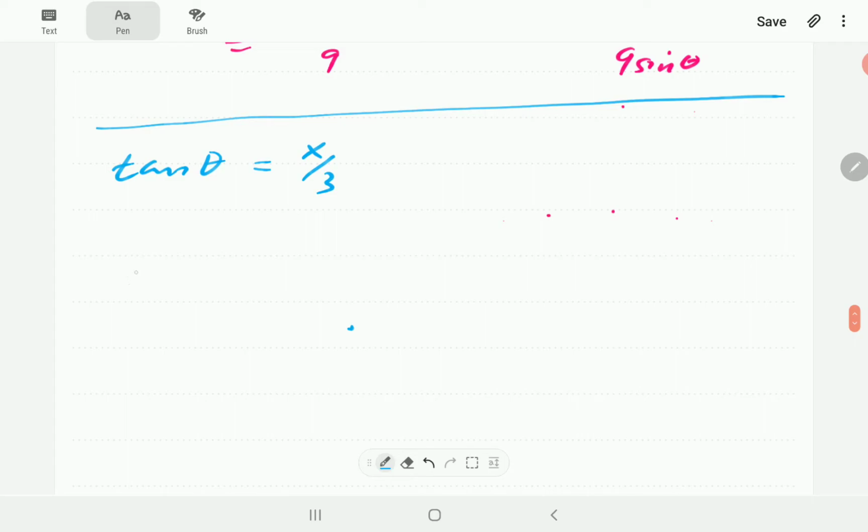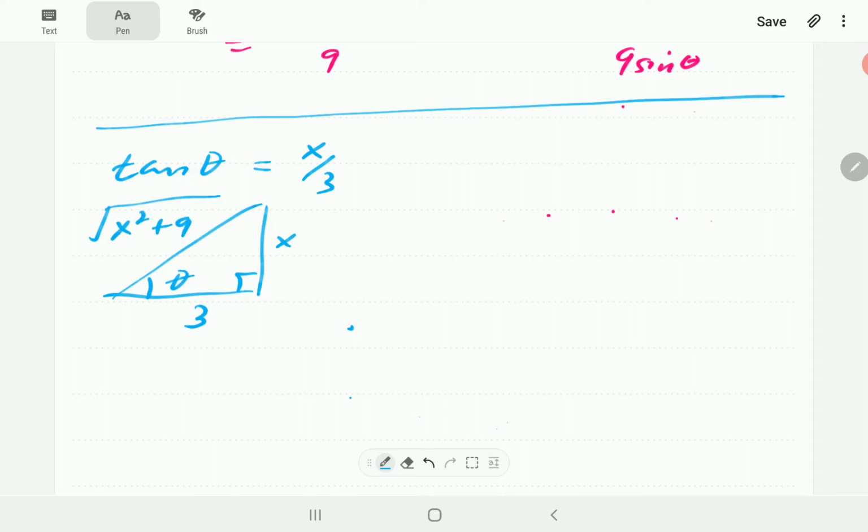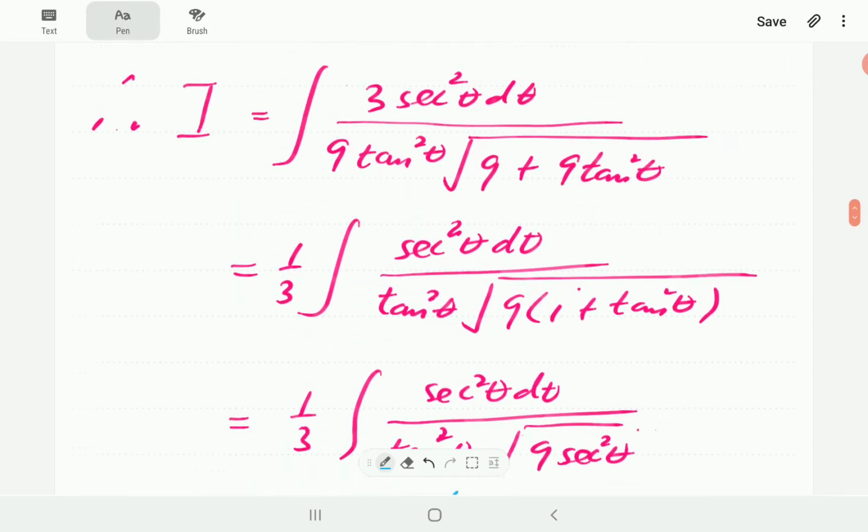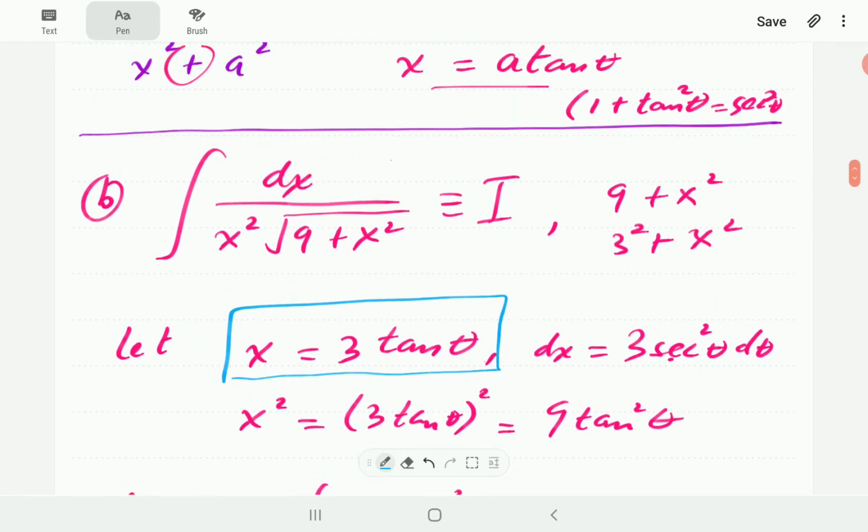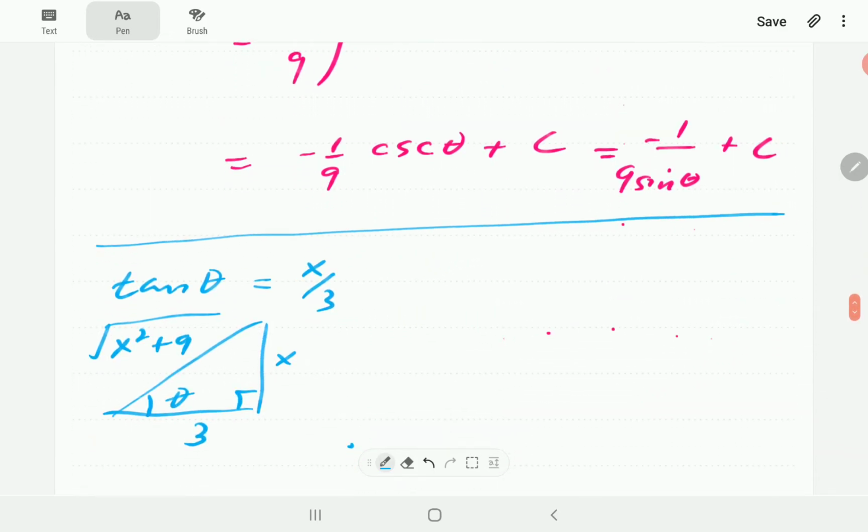So that means in our right angled triangle, if this is theta, tangent is opposite over adjacent, then the hypotenuse is going to be the square root of x squared plus 9. A general guideline is that one of the sides should have a quadratic expression similar to the one we had in the starting integral. Here we've got 9 plus x squared, and we have the same thing there.